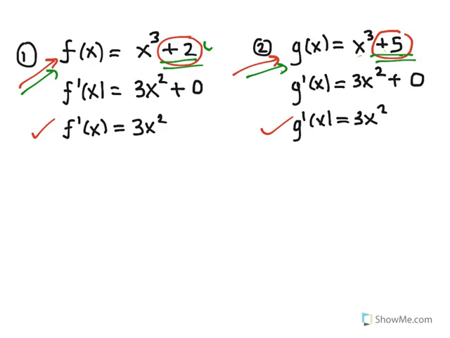For number 1, 2 was added to x cubed, and for number 2, 5 was added to x cubed. But when we found the derivatives, the derivative of any constant is 0, so that's why we got the same derivatives. So now when you think about antidifferentiation, you have to remember what we just discussed.